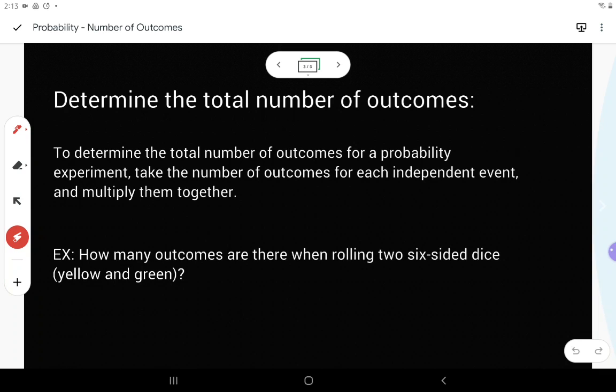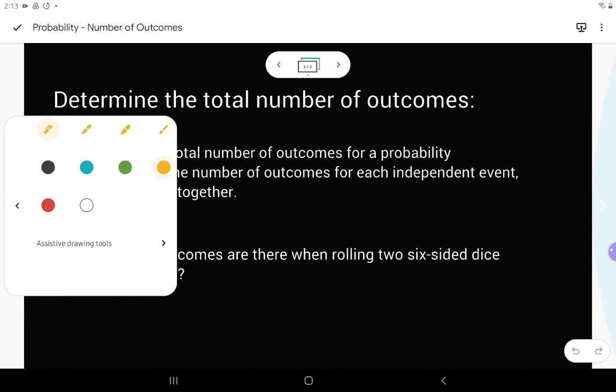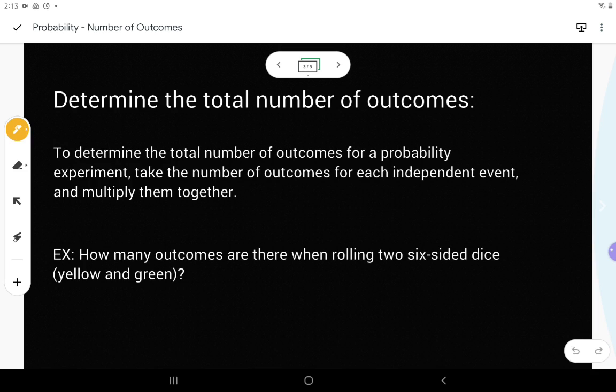So for example, if I want to look at how many outcomes there are when rolling 2 6-sided dice, and I'm looking at that yellow and the green dice, well, if they're 6-sided, there are 6 possible outcomes for my yellow one. For my green one, there are also 6 possible outcomes.